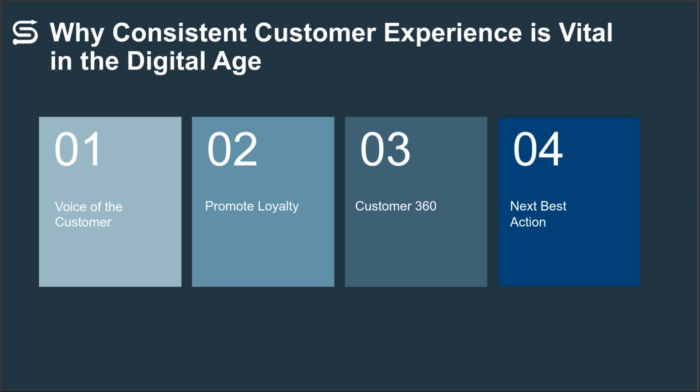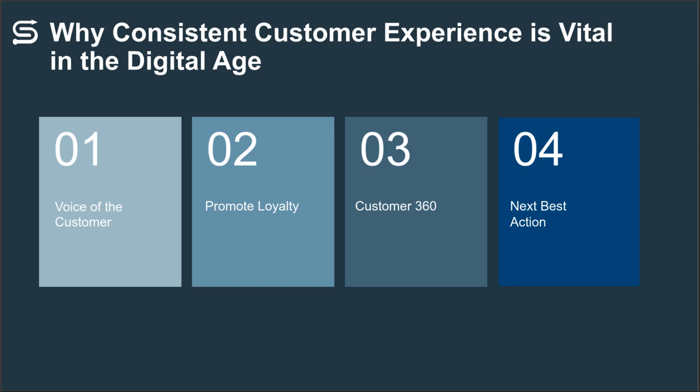So your customer's feeling heard, right? And you're responding to your customer, and then eventually can get to the point where you're actually being more proactive in predicting some of what your customer wants and just really keeping that customer experience positive and the sentiment positive, which leads to promoting loyalty.